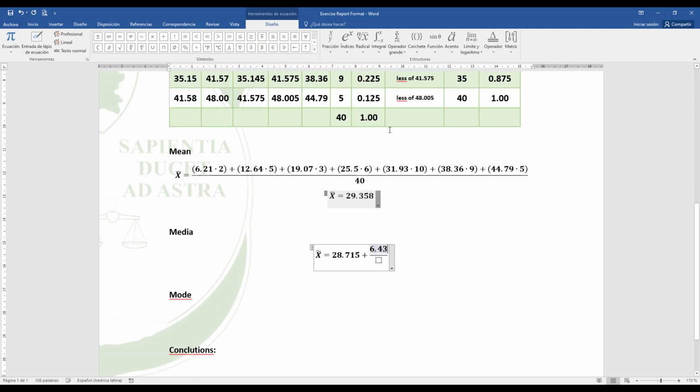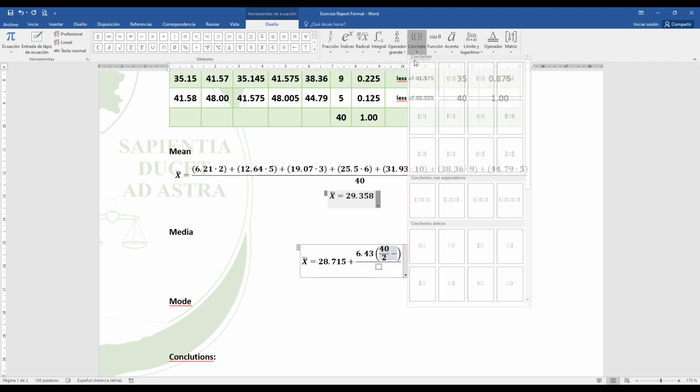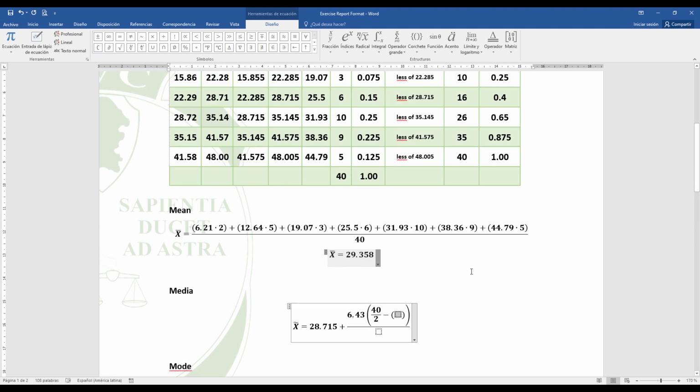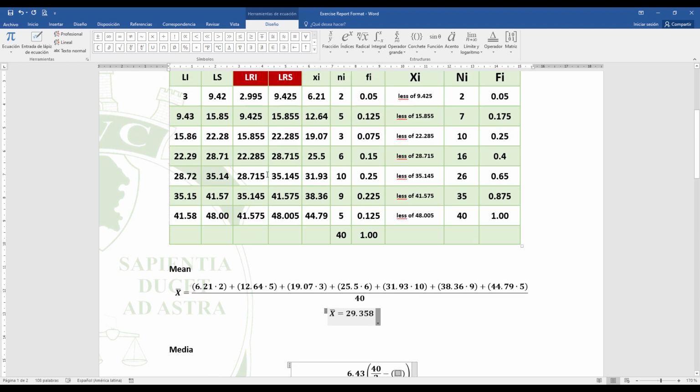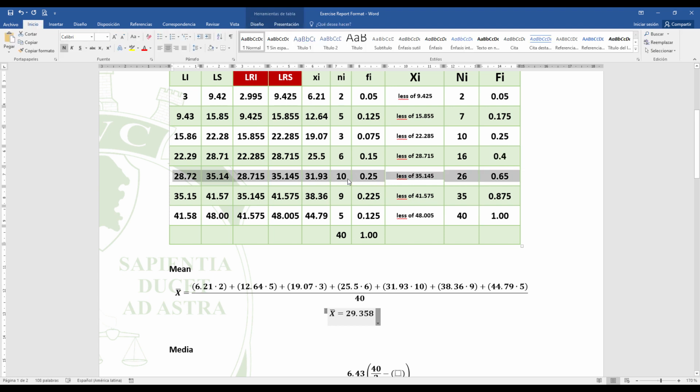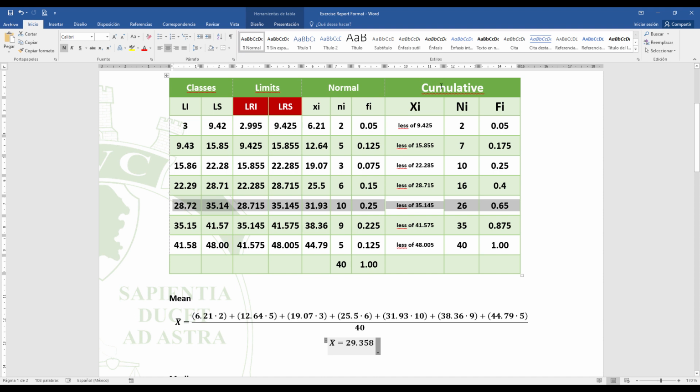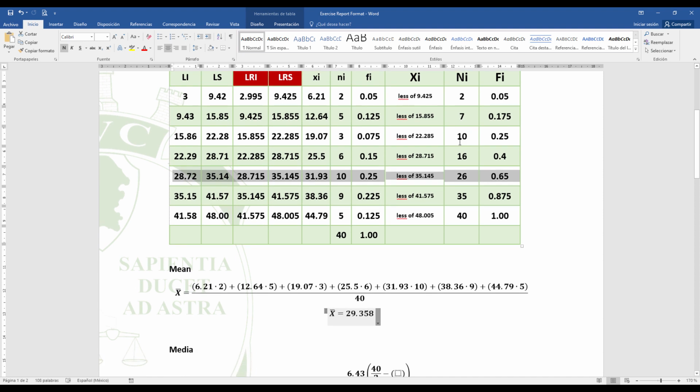So it's 6. Now you need to multiply that by the total 40 divided by 2, less the sum of all the frequencies before that row. You can add all those numbers, 2 plus 5 plus 3 plus 6, but if you remember, you use the cumulative, you calculate that, so it's 16.